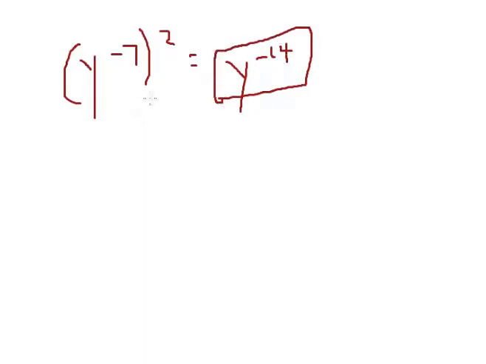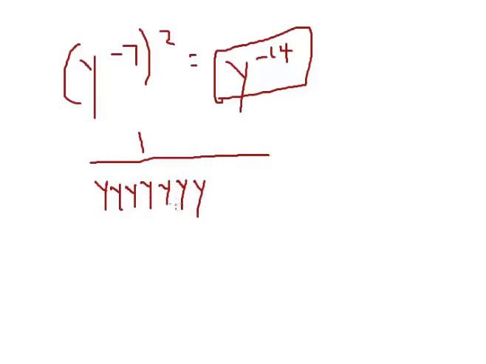And if you think about it, that's simply because whenever you're taking something to the second power, you're really just taking two of them. So y to the negative 7th means 1 over y to the 7th, which means 1 over 7 y's, like this. Well, to the second power means that you're doubling.